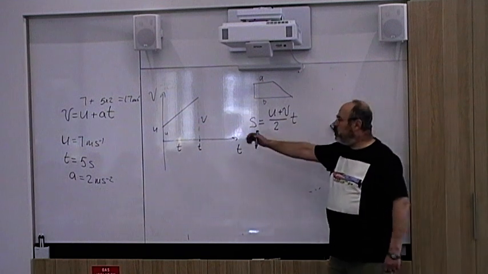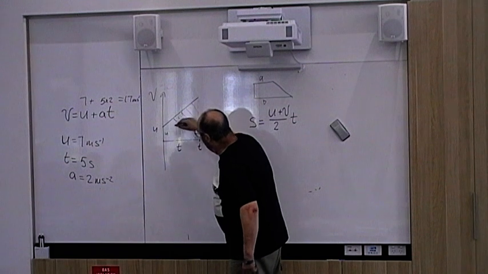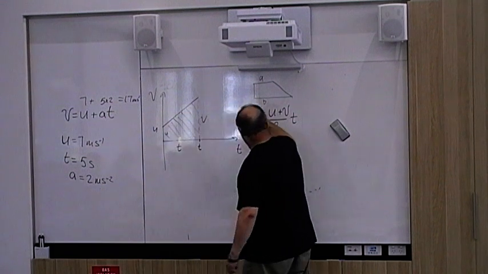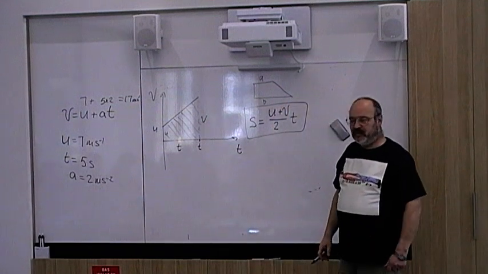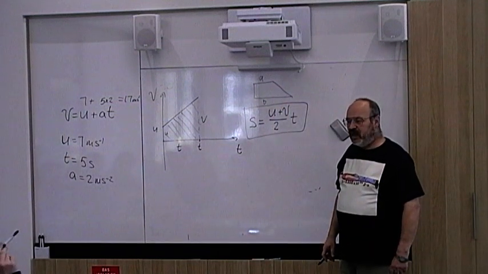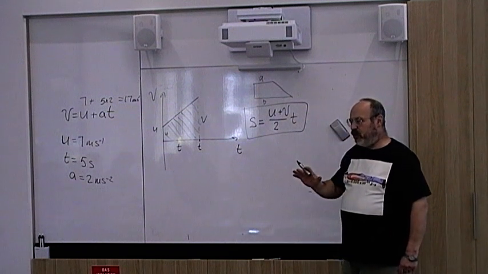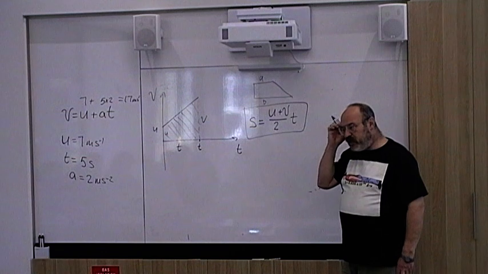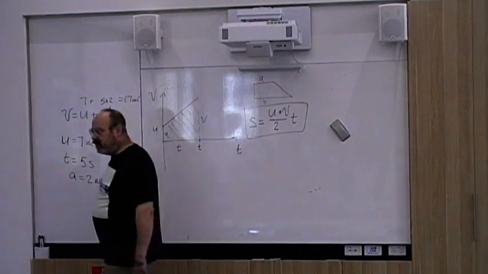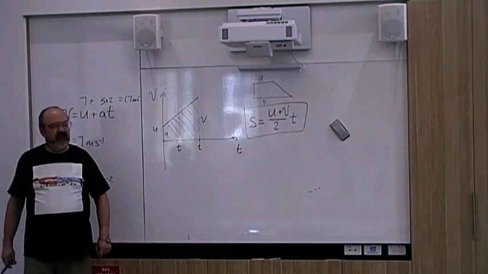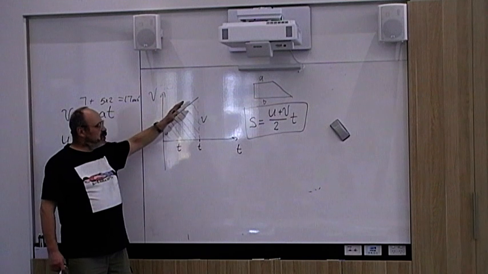Because displacement will be the area under the graph, and that will be the formula for the area under the graph. If we will be changing direction, we can use this formula only for a straight line.